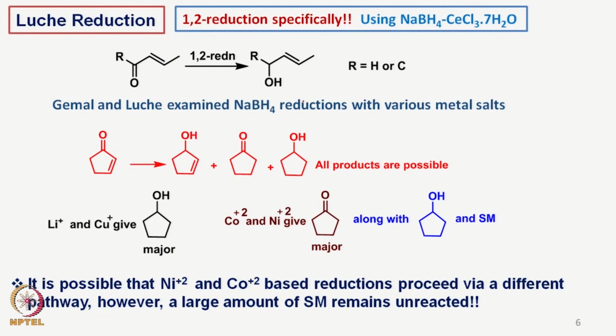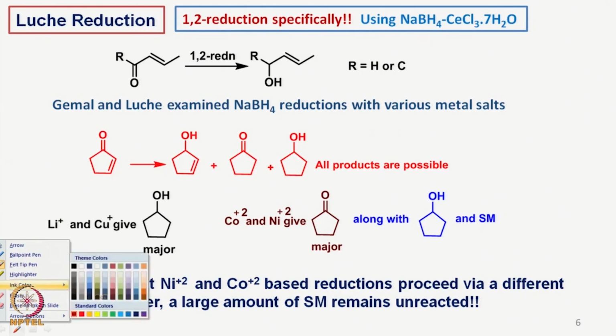Now, we have another reducing agent which is known as the Luche reduction, named after the discoverer, Luche, and it allows 1,2-reduction to take place, particularly when there is an alpha-beta unsaturated ketone.